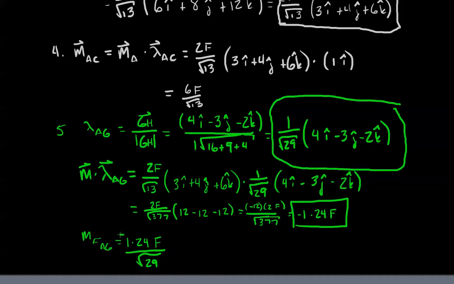Actually, let's just keep that negative right there. 4i minus 3j minus 2k. This is the actual moment that is being induced about AG when that force is applied.